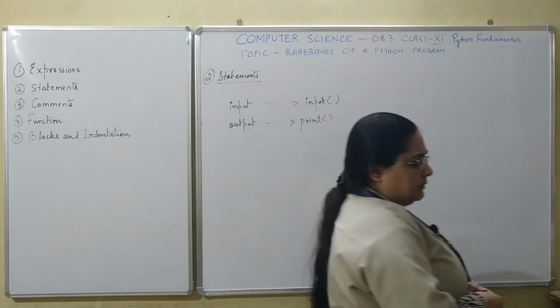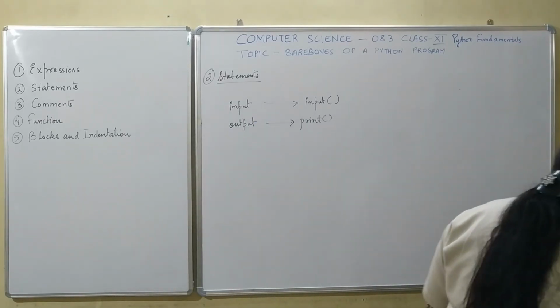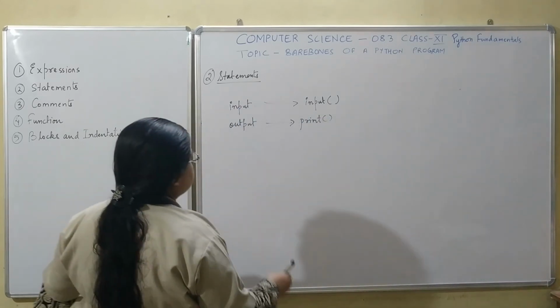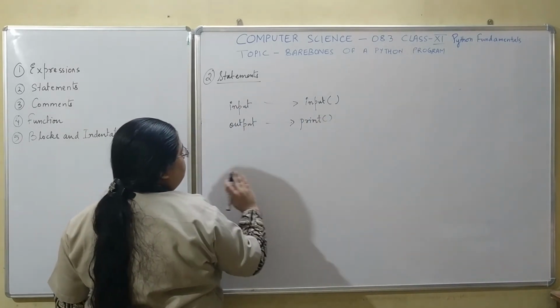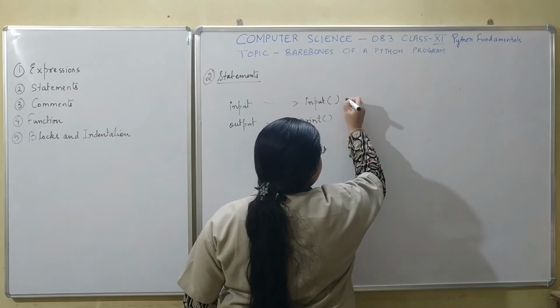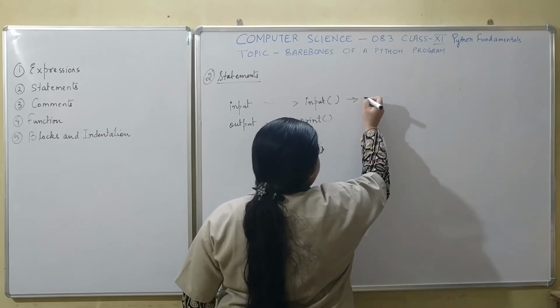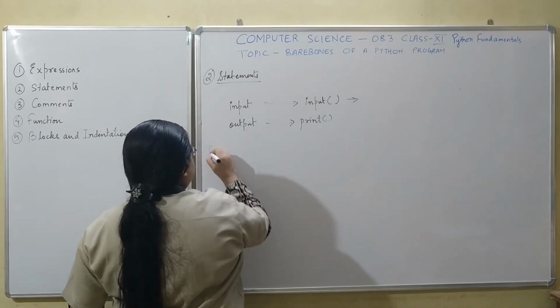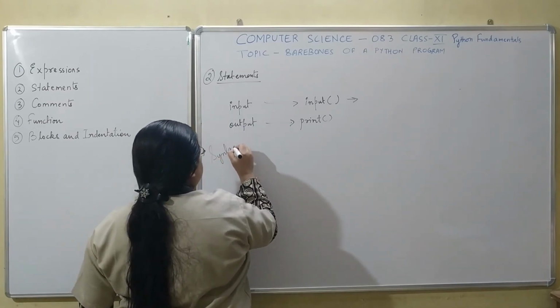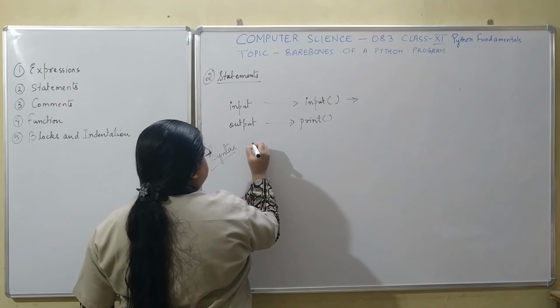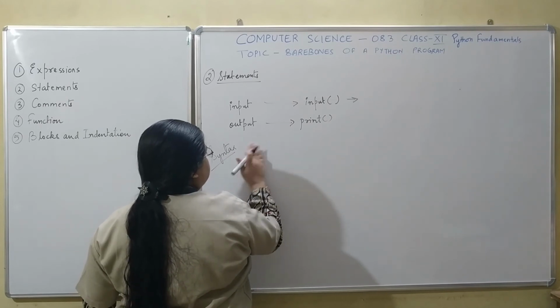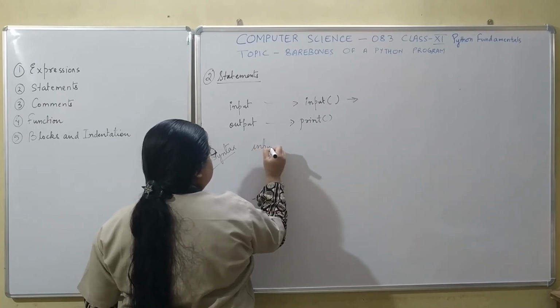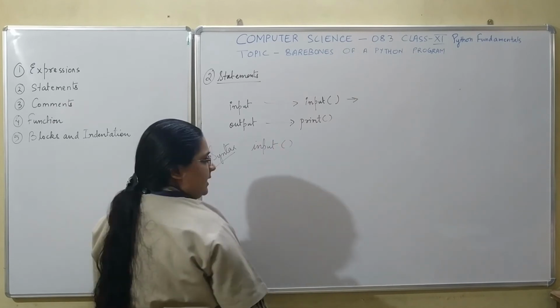So how do we represent this? Let us see an example. So for input we need the function input, which is usually used in this way. That is, on the left hand side we would have an identifier. First we'll write the syntax for input.